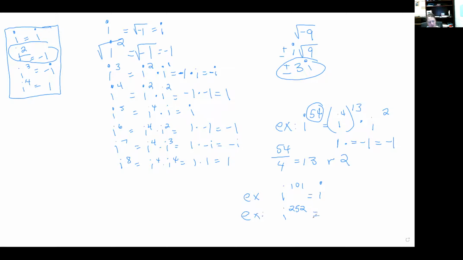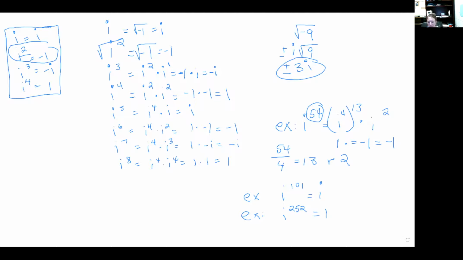All right, 252 divided by 4, it'll go in 63 times evenly, so the answer is just 1, all right? So these are easy problems to do, and a lot of people get them wrong for some reason, but these are easy ones to do.